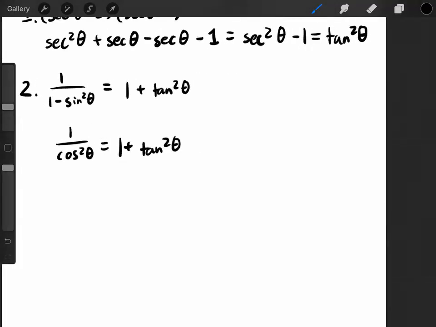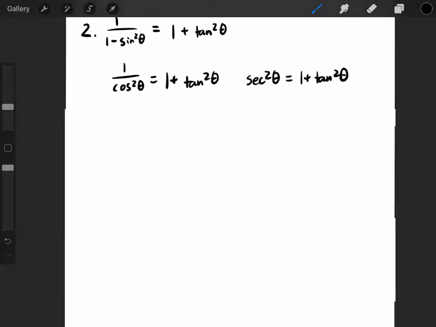And we know that 1 over cosine is equal to secant, so we know that secant squared theta is equal to 1 plus tangent squared theta. And you can look at your example, oh, secant squared theta minus 1 is equal to tangent squared theta. You can move the 1 just by looking at this example right here and prove that these two are in fact equivalent.